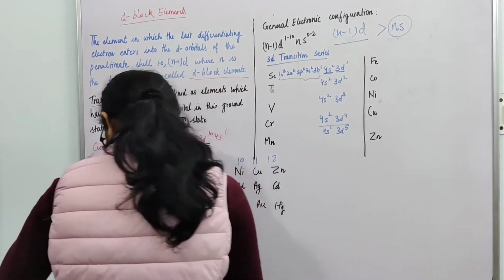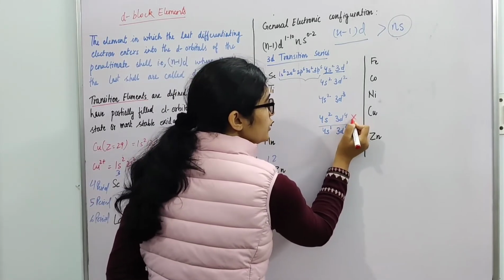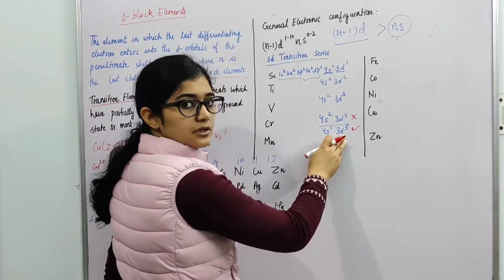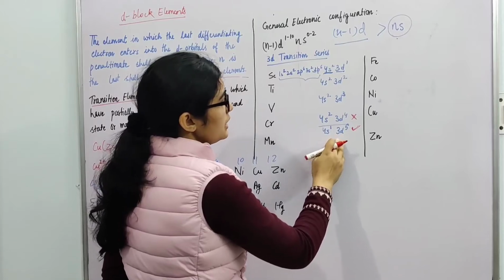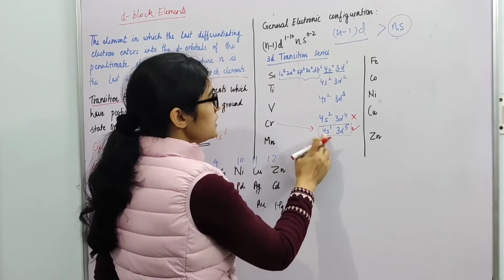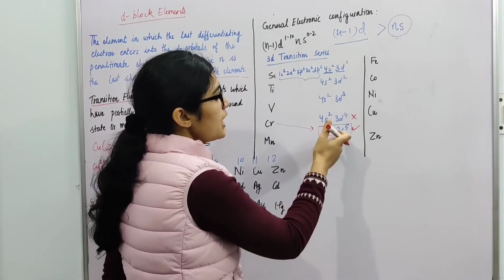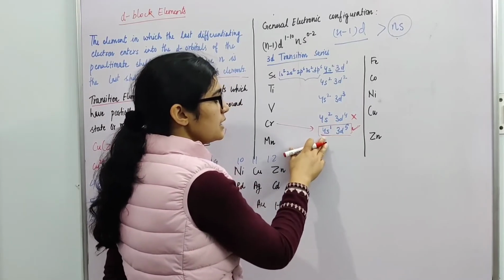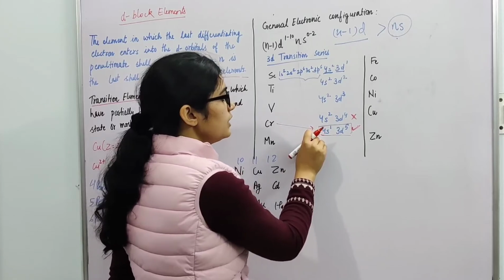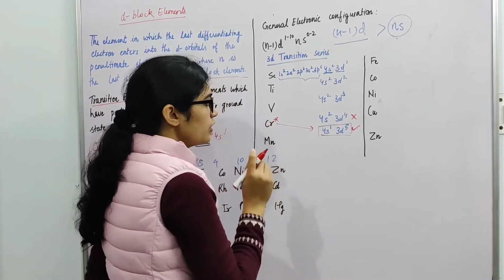So instead of this predictable configuration, chromium has this one. Due to half-filled d orbital, it attains extra stability. So the electronic configuration of chromium is 1s2, 2s2, 2p6, 3s2, 3p6, 4s1 and 3d5. Both s and d orbitals are half filled, giving it higher stability. Hence chromium has an exceptional electronic configuration.